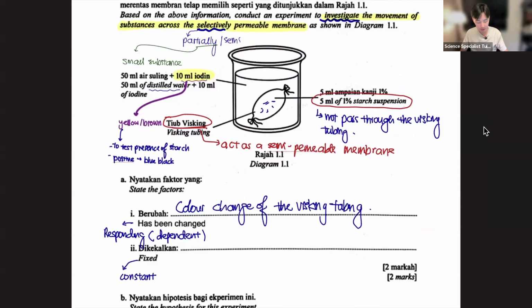Constant. Now over here, constant. Distilled water volume also can. Iodine also can. No problems. So you can write volume of distilled water. Volume of iodine.